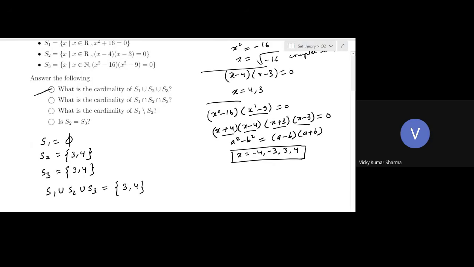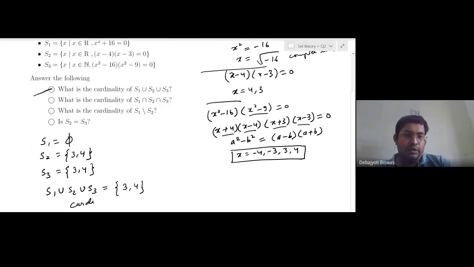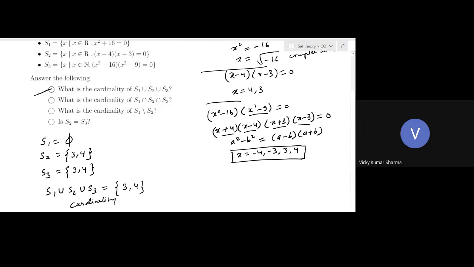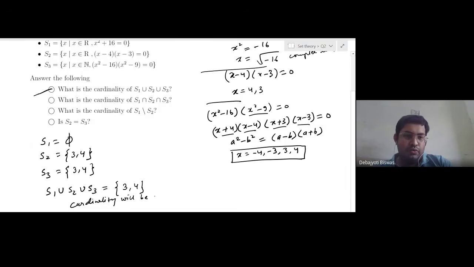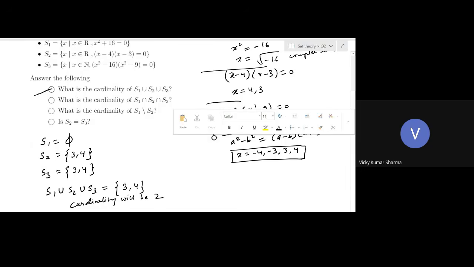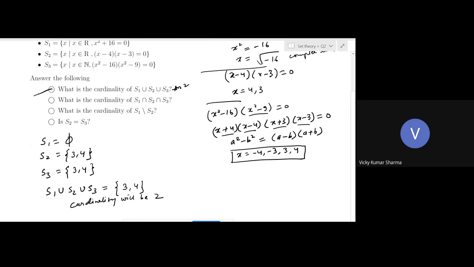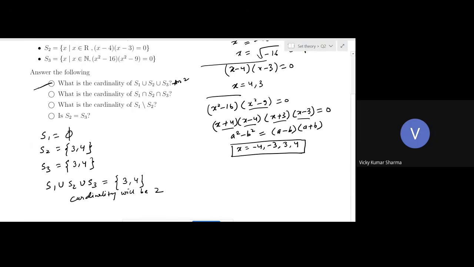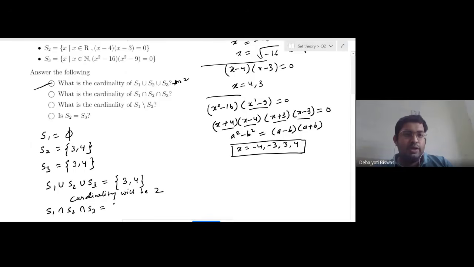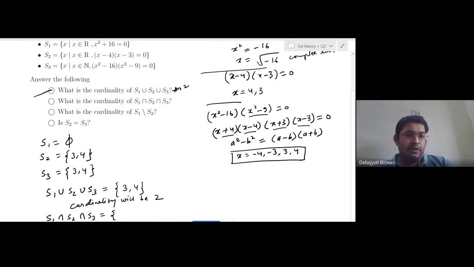So what is the cardinality then? 2. Cardinality will be 2. Okay, so for this the answer is 2. Now what is the cardinality of S1 intersection S2 intersection S3? Can you tell me, Devjyoti, what is S1 intersection S2 intersection S3? S1 does not have any element in it.